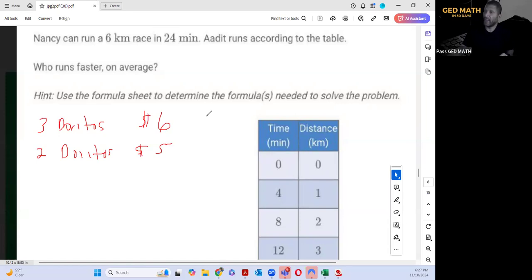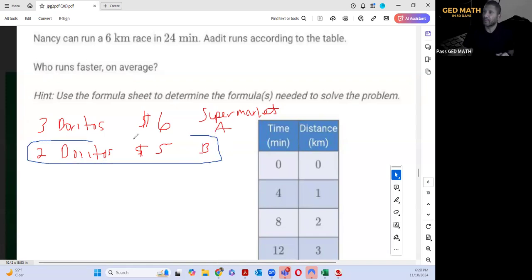So this is supermarket A. This is supermarket B. At supermarket A, you can buy 3 bags of Doritos for $6.